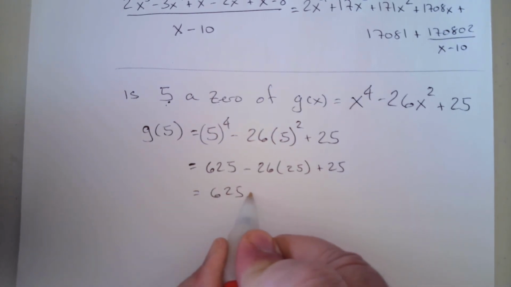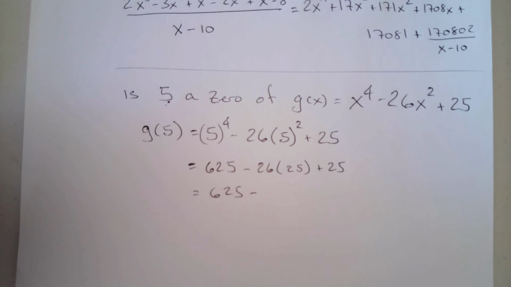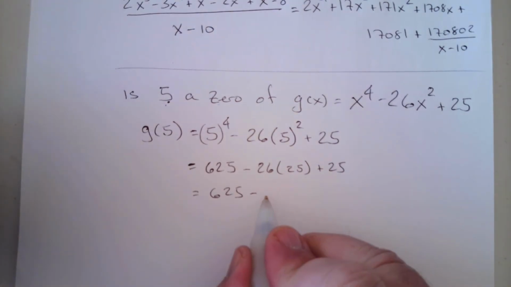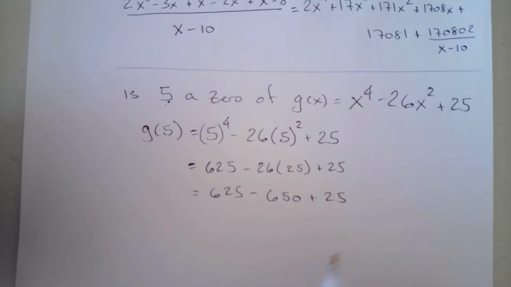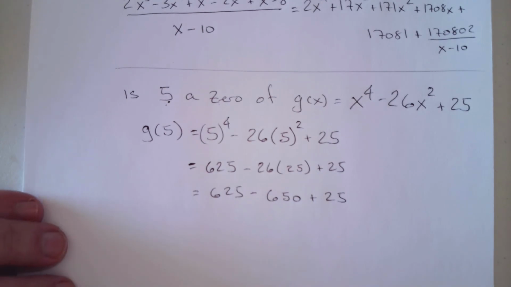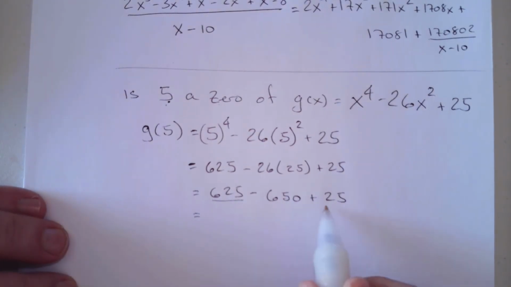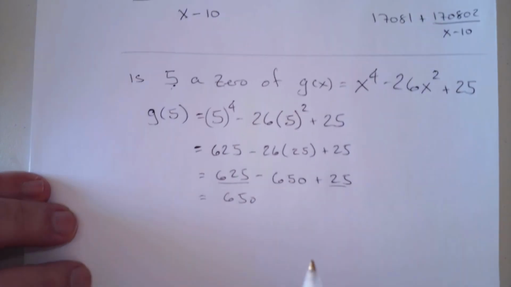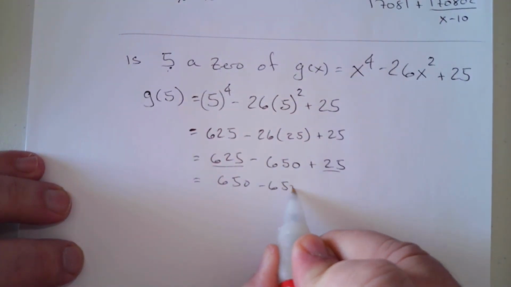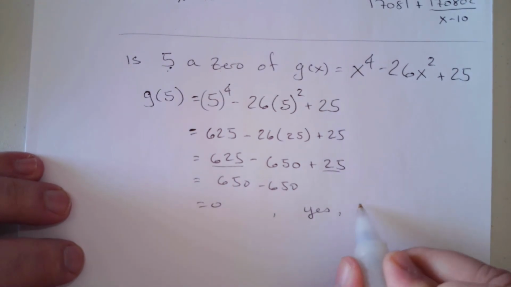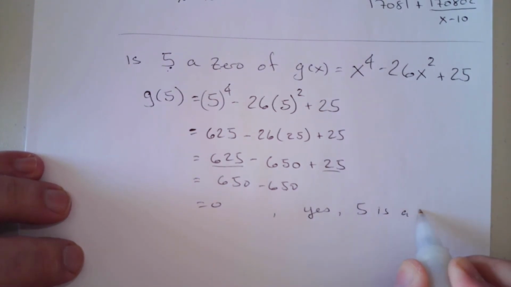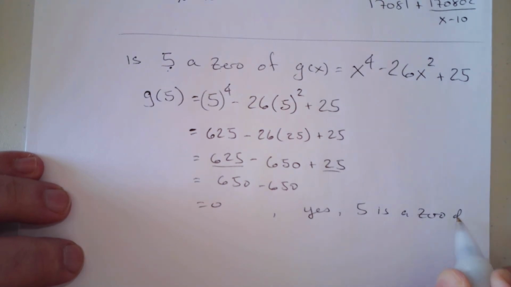So 26 times 25 is 650. 625 plus 25 is 650. Minus 650 equals 0. So, yes, 5 is a 0 of g of x.